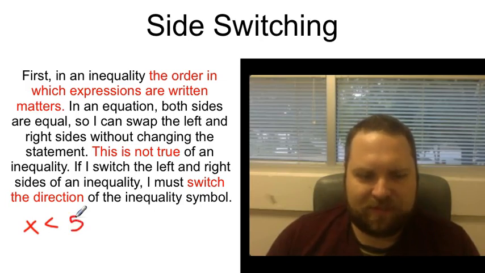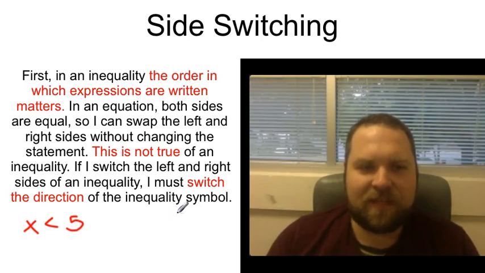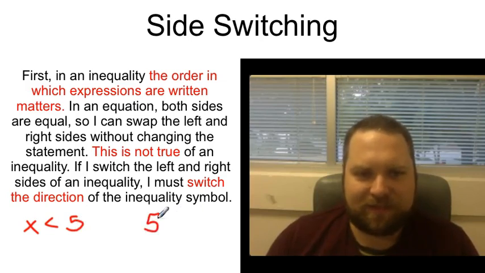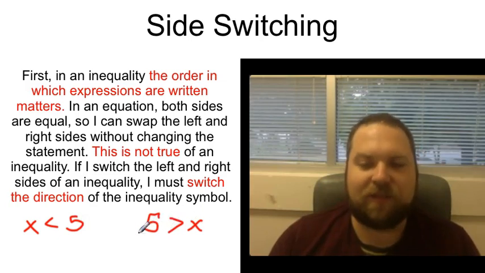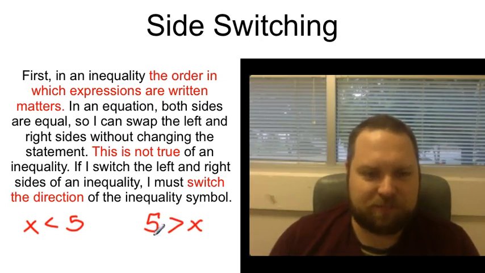We gave the example earlier of x is less than 5. If I flip the sides around on that, and I want to maintain the truth of that statement, if I swap the sides, I have to flip the direction of the inequality. Notice the duck's mouth is open to the right. To keep this true, I have to flip the inequality if I flip the sides of the inequality expression.